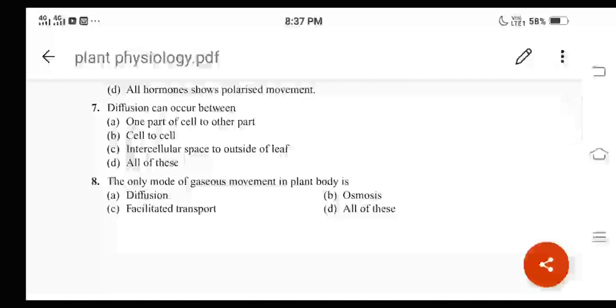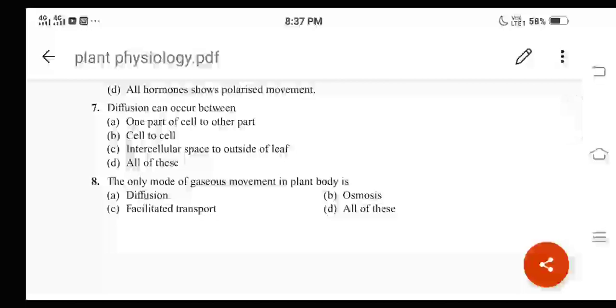So all of these is the correct answer. Option D is the correct answer, right?